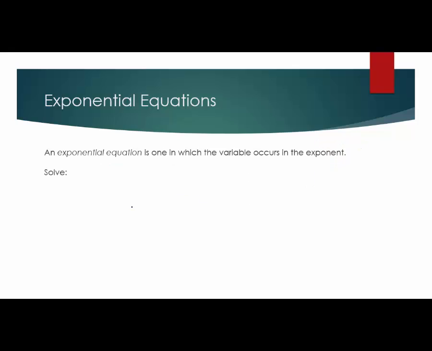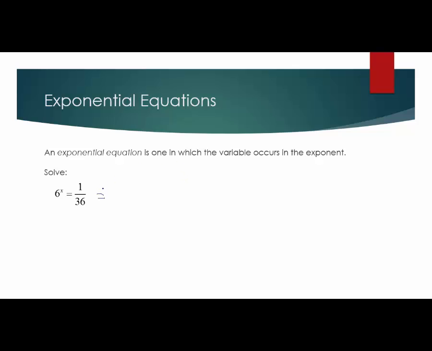Note that an exponential equation is just any equation in which the variable occurs up in the exponent. Let me show you how we might solve an exponential equation. 6 to the x equals 1 over 36. This is definitely an equation in which the variable occurs in the exponent. This one's kind of a simple case because I could write both sides with the same base 6.